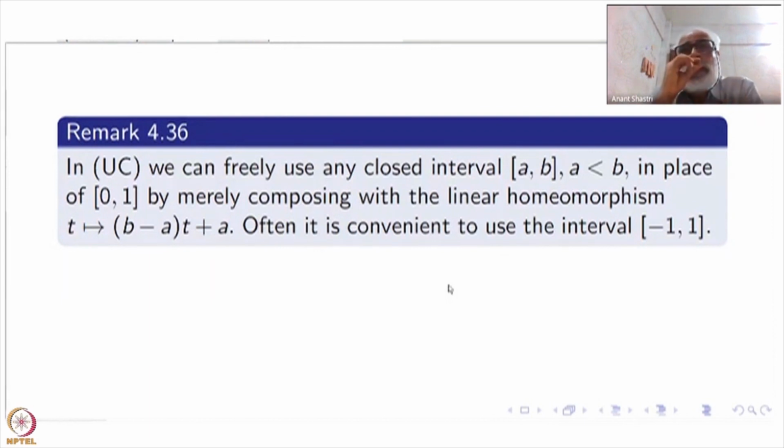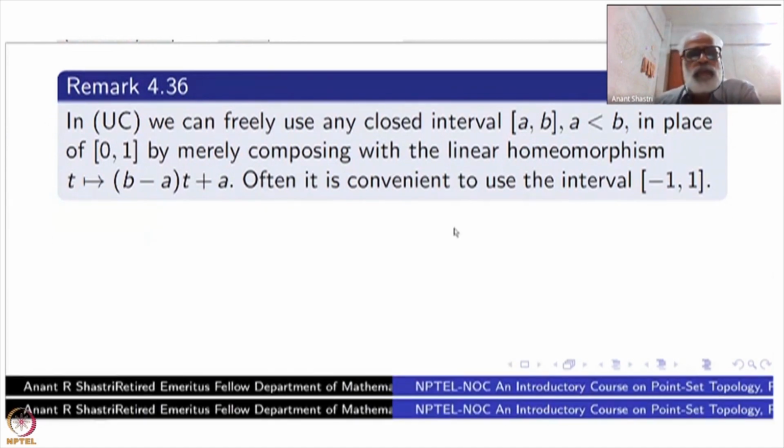Like the metric that we considered, d of x,a minus d of x,b divided by d of x,a plus d of x,b, it was between minus 1 and plus 1. So that is what we are going to do next time. But sometimes you may have to choose some other numbers also. So any closed interval you can take, no problem. Okay, that is the comment here.